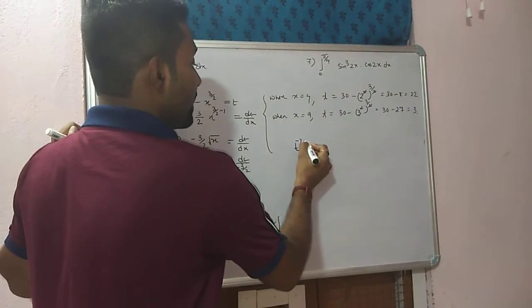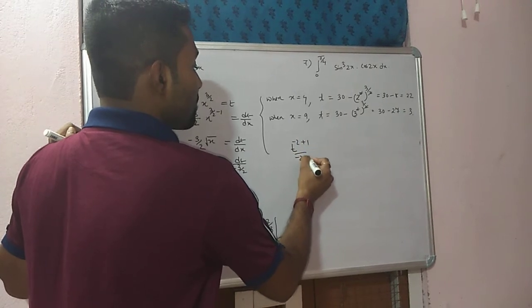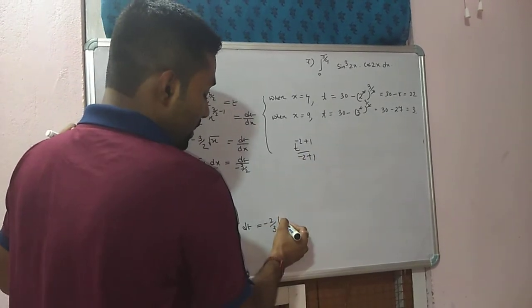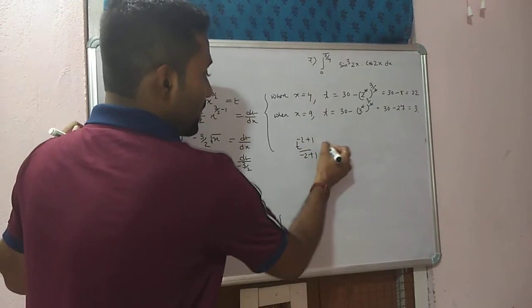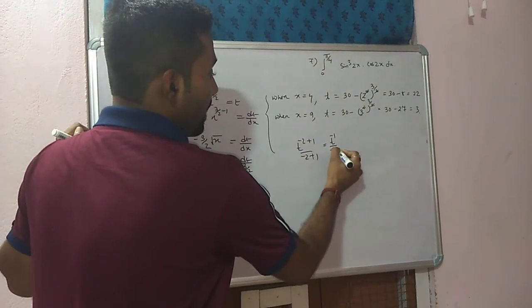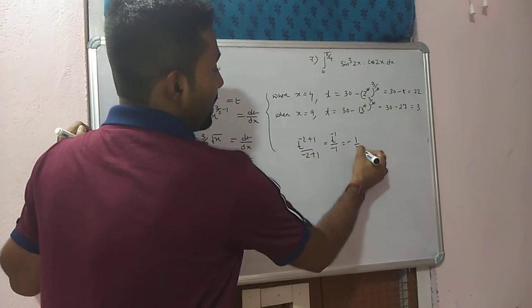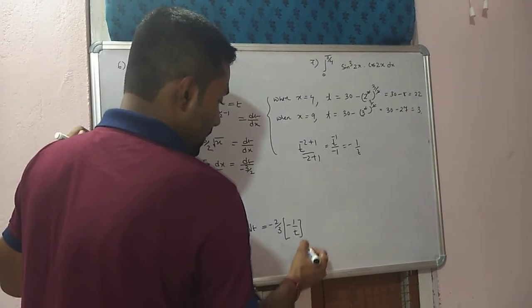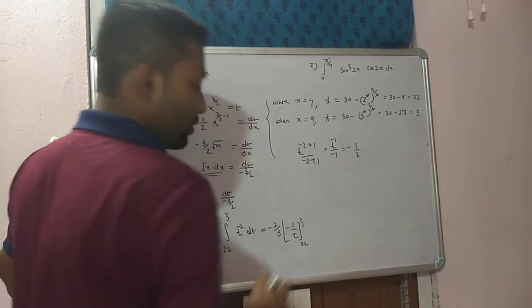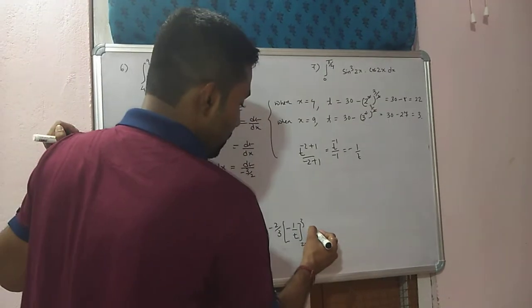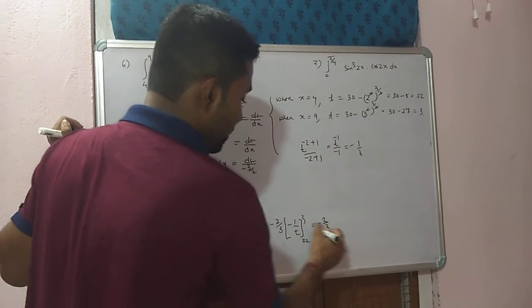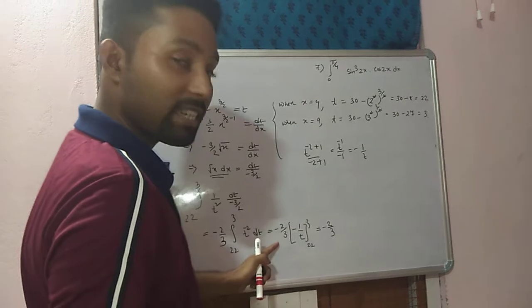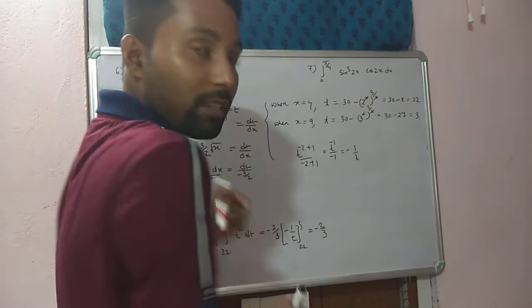Integration of t to the power minus 2 is t to the power minus 2 plus 1 by minus 2 plus 1, that means t to the power minus 1 by minus 1, that is minus 1 by t, from 22 to 3. Don't forget to write the limits. So this is equal to minus 2 by 3. This stays outside; we do not bring it inside because it is a constant term. Generally we bring a variable inside.